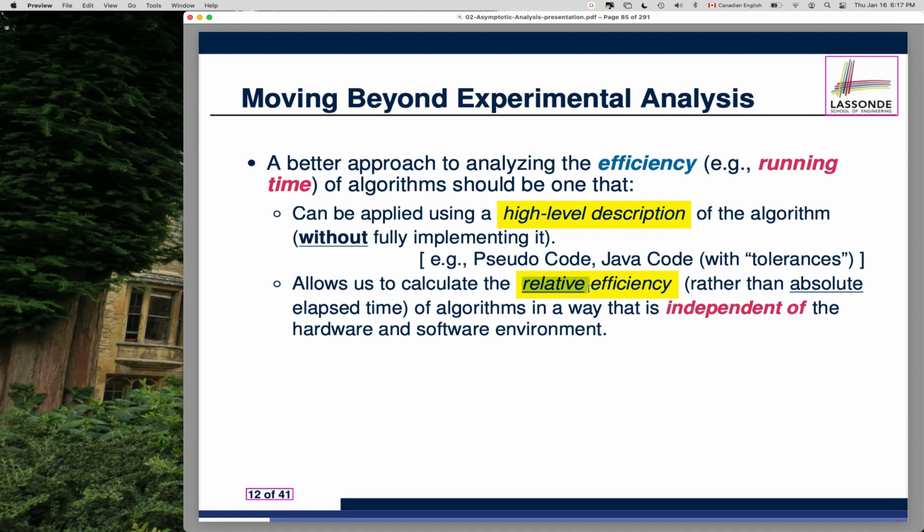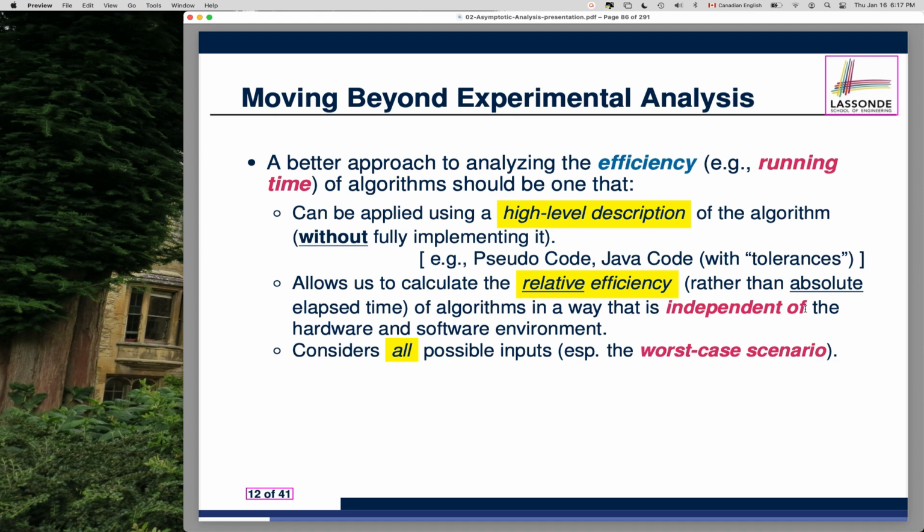Should it be 10 milliseconds, 100 milliseconds? Not our concern. More about relative. You will appreciate more about relative maybe next lecture, but for today, you just got to know we're going to talk about relative. And whenever you talk about relative efficiency, it's not going to depend on the execution environments. OS, language doesn't really matter. Relative. And also, especially consider worst case scenario.